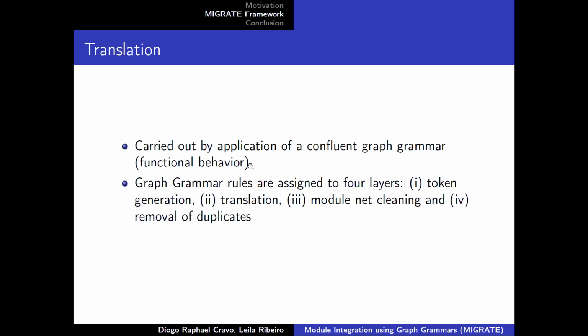And in order to have that kind of behavior in a graph grammar, we had to split its rules into 4 layers. The first layer is the token generation layer. The second layer of rules performs the actual translation, and then the third and the fourth layers are just cleaning up some structures that are left behind by the previous layers.